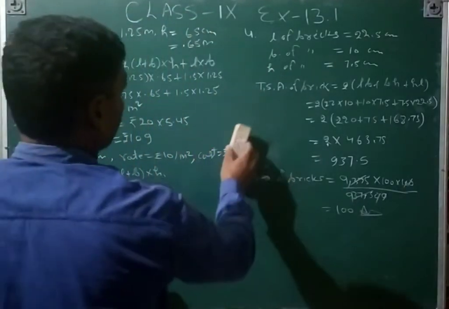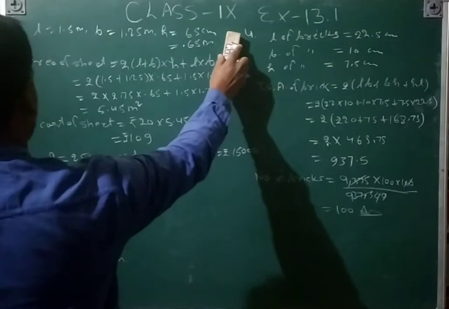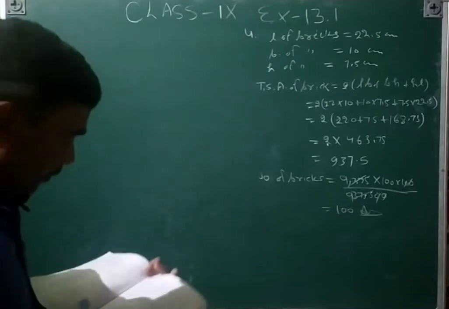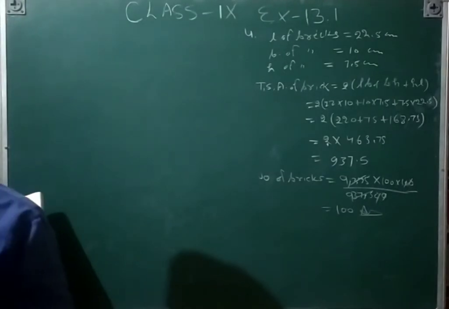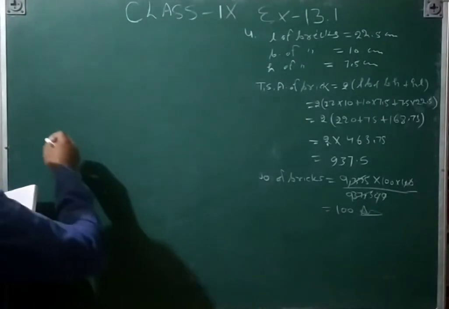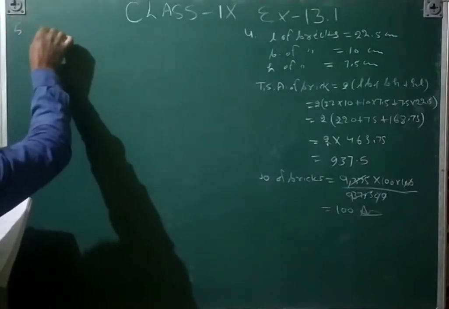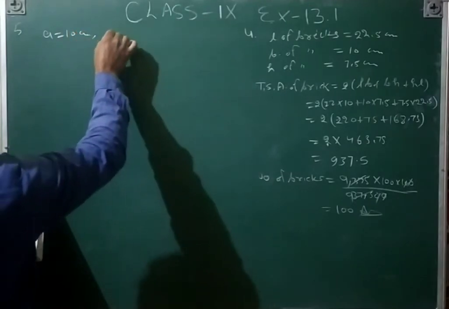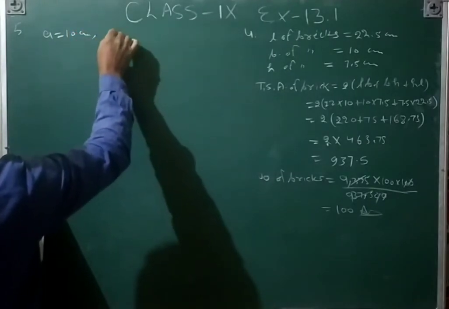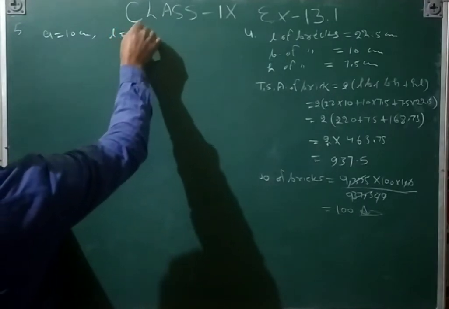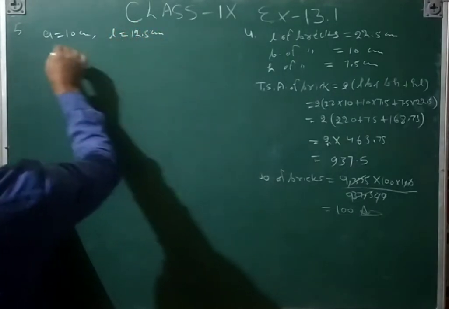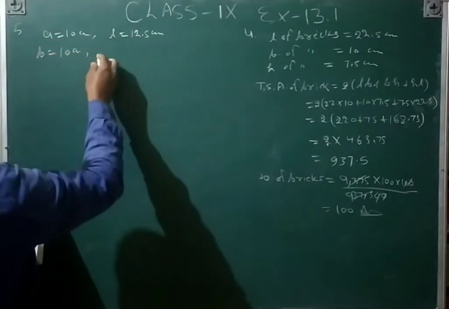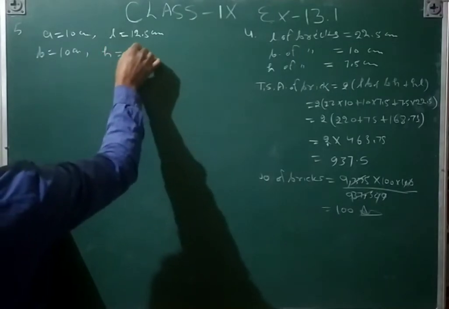And then the fifth question. You will see the fifth question: a cubical box has side a equal to 10 centimeter, and then a cuboidal box has length equal to 12.5 centimeter, breadth equal to 10 centimeter, and then height equal to 8 centimeter.